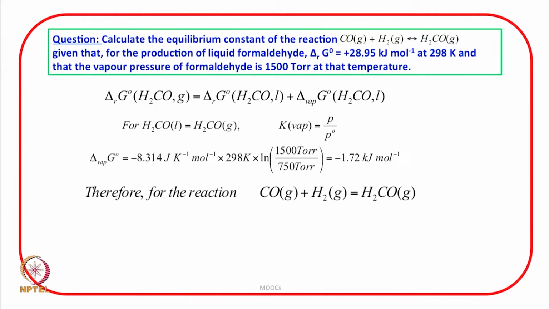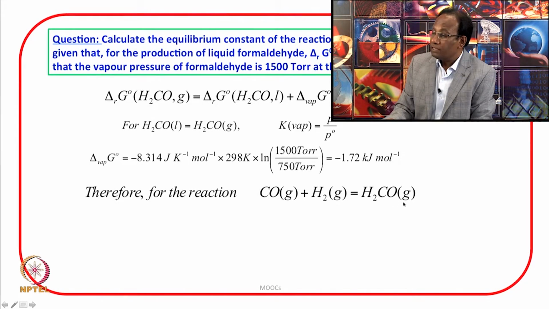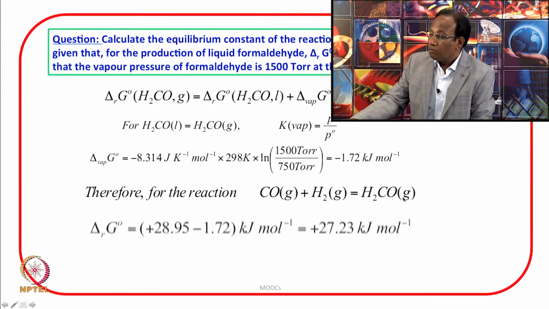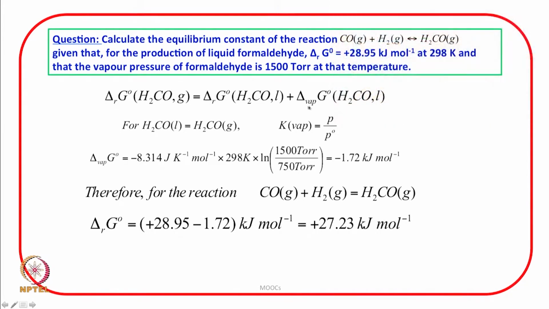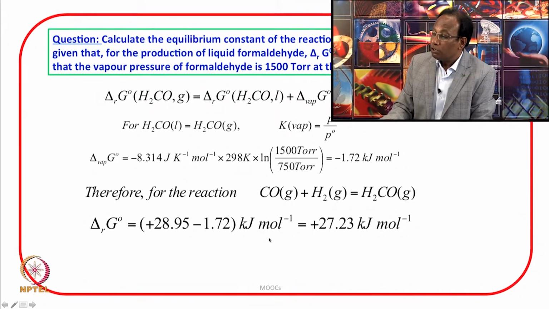Therefore, for the reaction carbon monoxide plus hydrogen forming H2CO gas, we again go back to this equation and substitute the numbers. The standard Gibbs energy for H2CO liquid is 28.95 given, and the standard Gibbs energy change for the corresponding vaporization process is minus 1.72 kilojoules per mole.